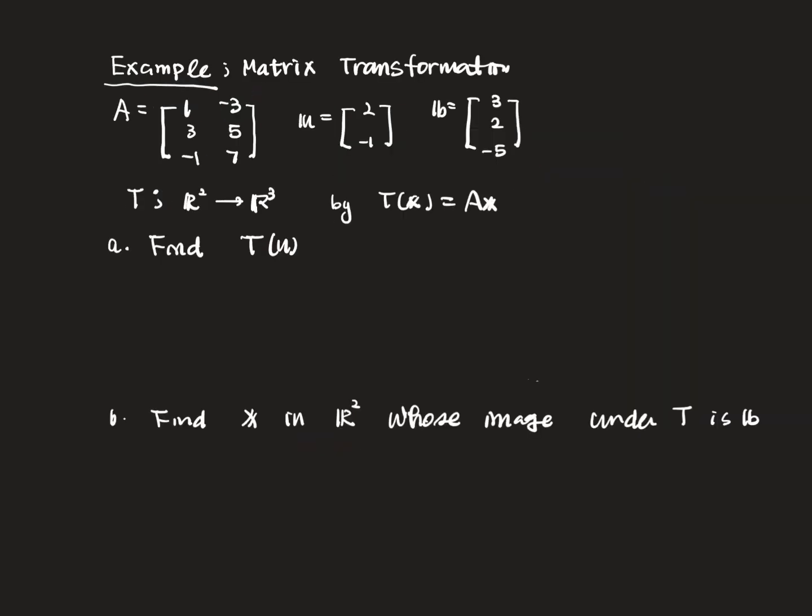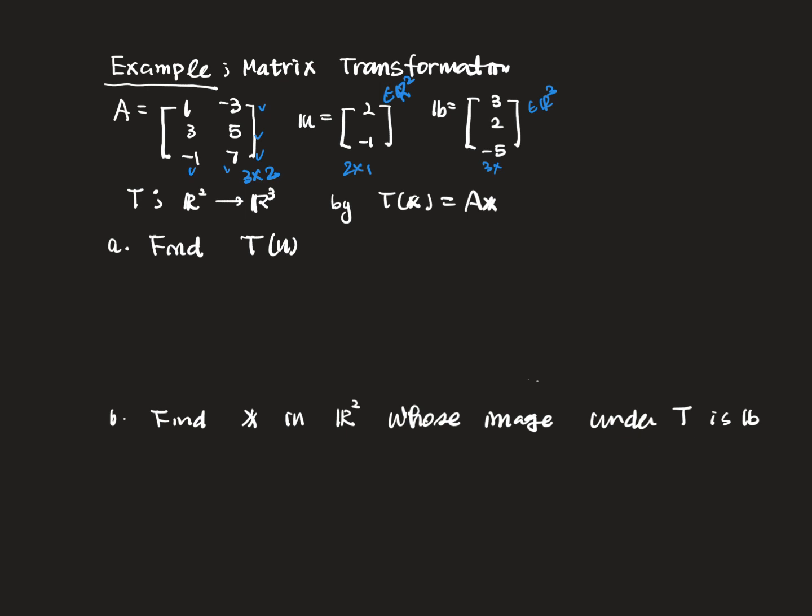So here the size of the matrix A is 3 times what? 2, right? 3 rows, 2 columns. The u vector is 2 times 1. Of course, this is a vector in R2. b is 3 times 1. That's going to be R3. So our transformation is from R2 to R3, right?